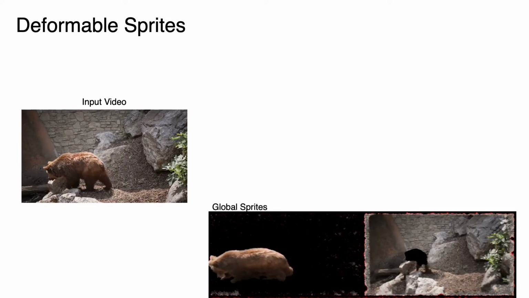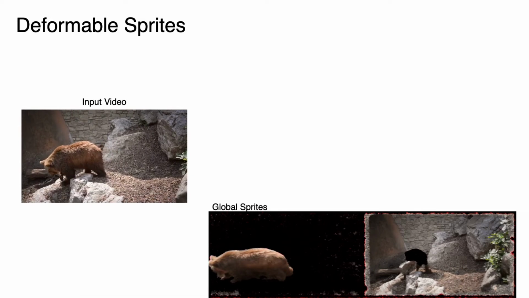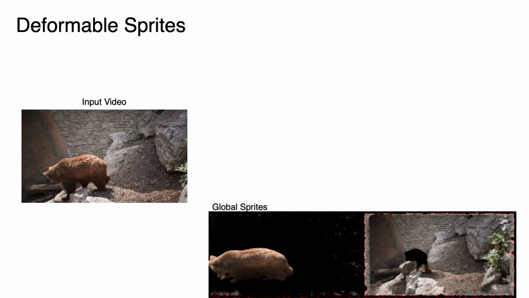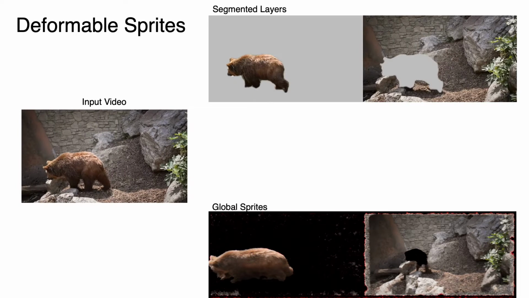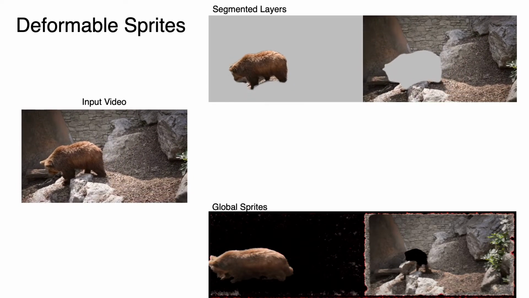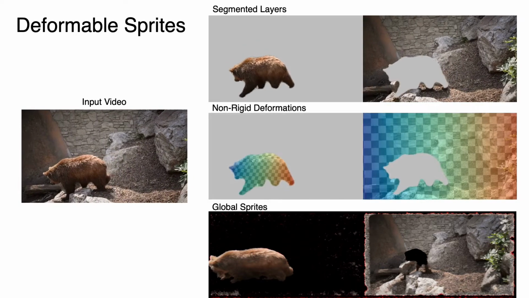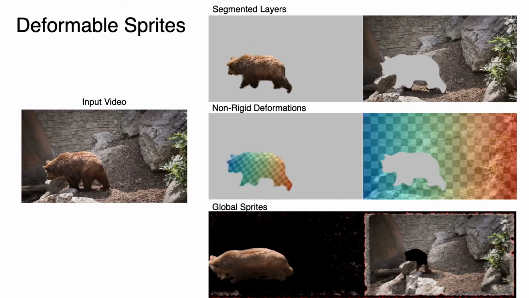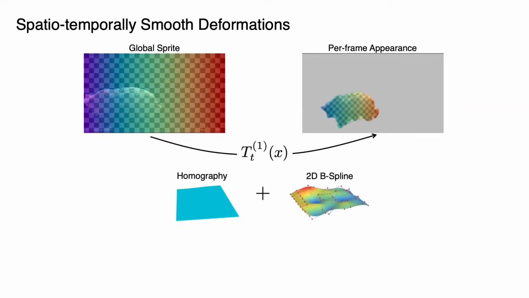For a video, we accumulate the appearance of each scene element into a shared texture image, or sprite. At the same time, for each video frame, we find instances of each sprite, and map each instance into the sprite's UV coordinates with non-rigid transforms. We relate each instance of a layer to the global sprite image using a spatially smooth, low-dimensional function.